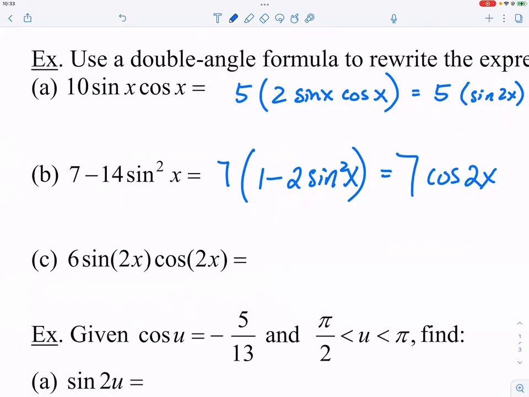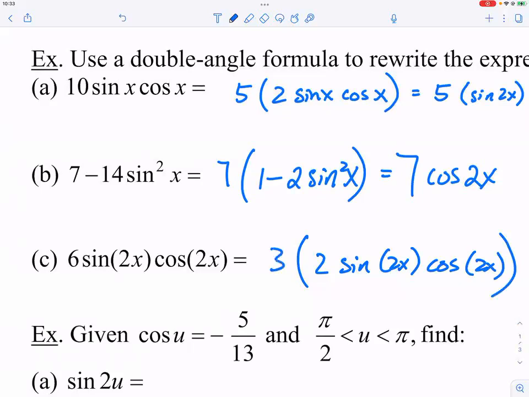So for part C, it looks like we have a 2 sine x cosine x kind of situation, except that it's not x, but rather it is 2x.